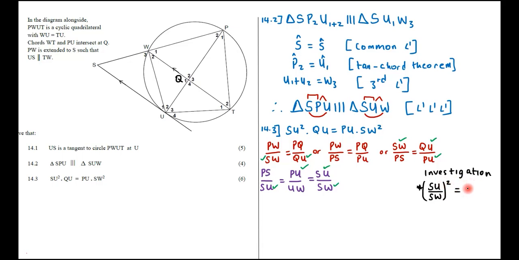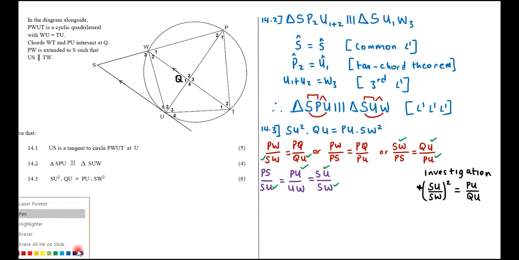So I'm just going to put it like that, and I'm going to say PU over QU. All right, so now from here, I'm going to see if I do have PU over QU. Okay, so now looking at this, I do see that I have PU over QU.